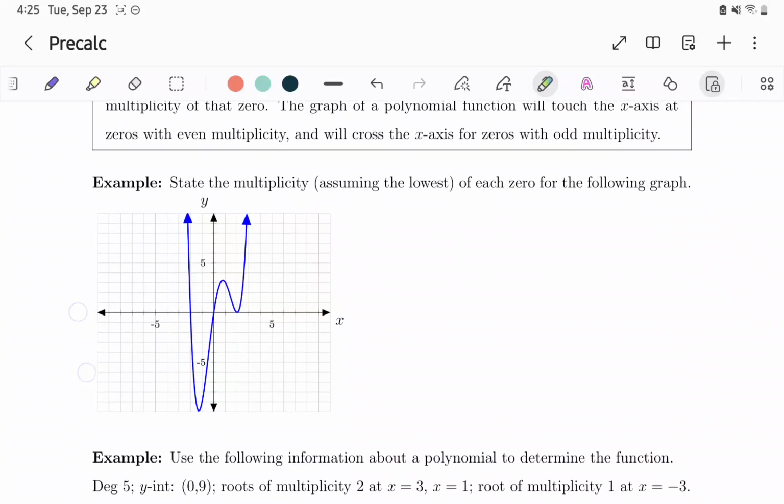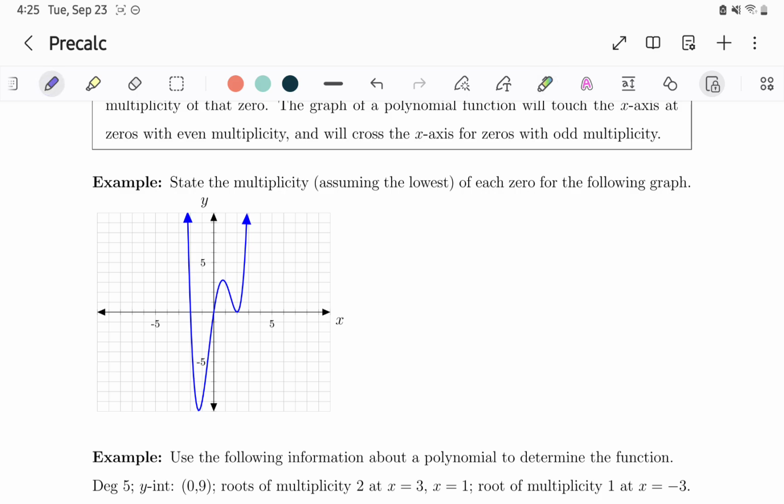So with that in mind, for our first example, we are going to state the multiplicity, assuming the lowest multiplicity for any of the zeros that we can see. So we are going to either assume the multiplicity is going to be 1 or 2 for each zero of the following graph.